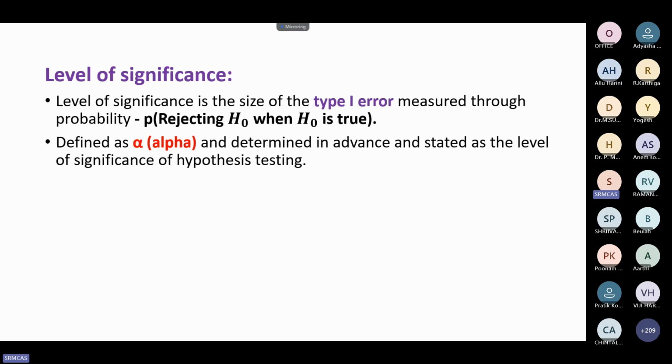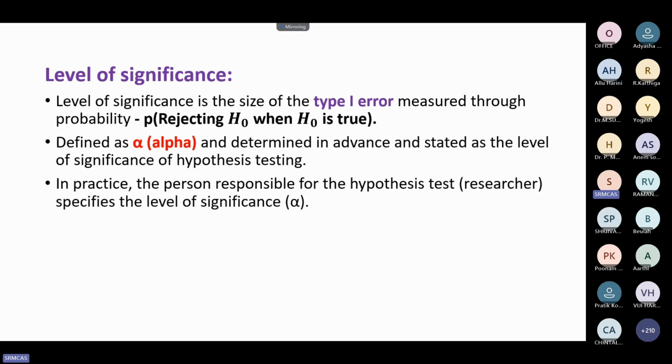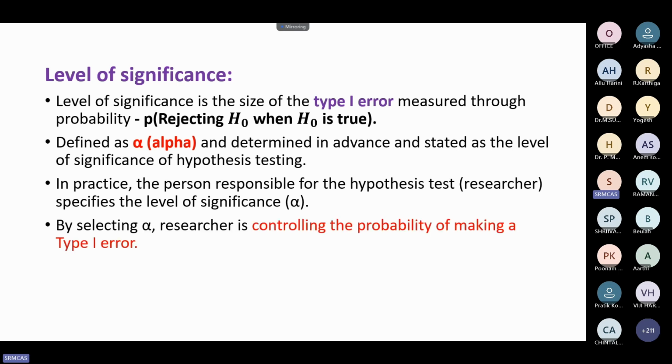In practice, the person doing the research is responsible for choosing this level of significance, that is, the amount of type 1 error we are willing to commit. By selecting alpha, the researcher can control the probability of making a type 1 error. Mostly this probability is 1%, 5%, or 10%.